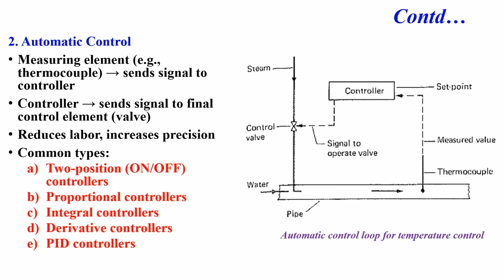Next comes automatic control. Here you have a thermocouple, this measured value goes to the controller and the controller compares it with the set point, takes decisions and automatically the valve will be operated. So, it has a measuring element and it has a controller.